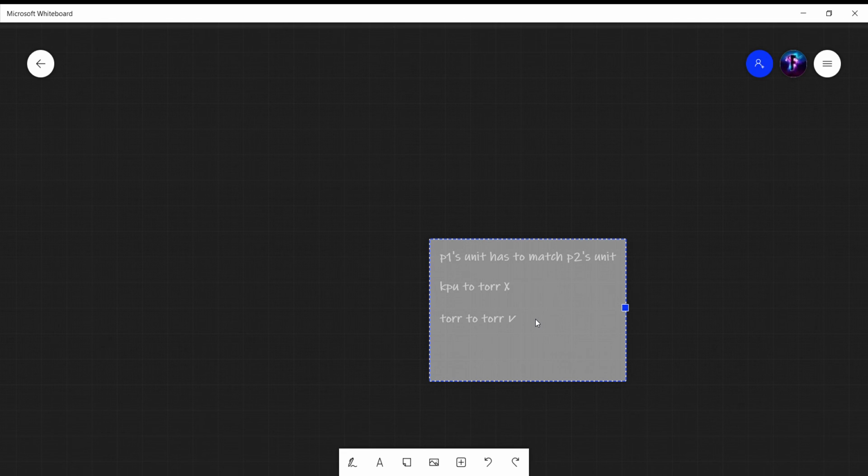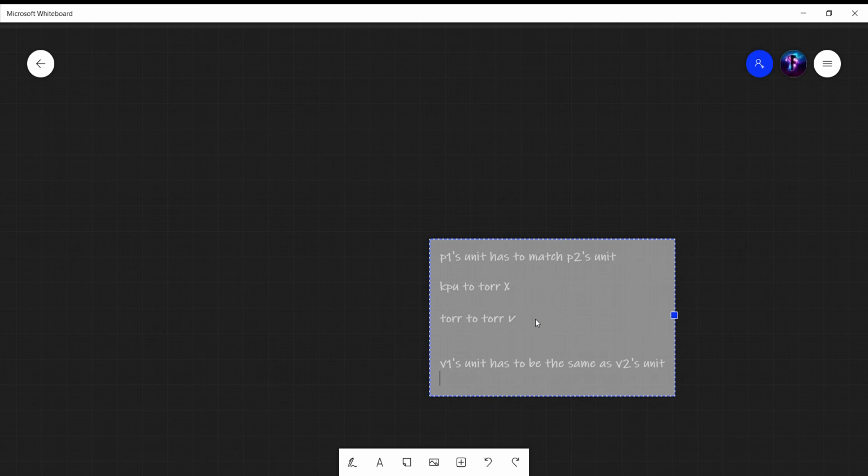And the next rule is P1's unit has to be the same as V2 unit. So another example, I think y'all know, okay?